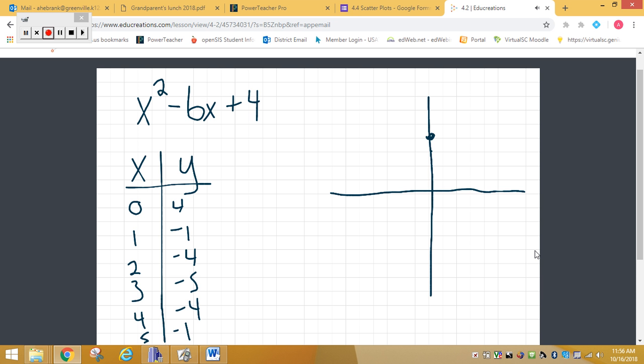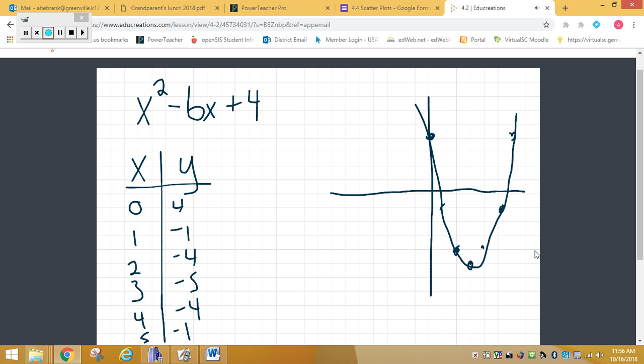So I already got 0, 4, 1, -1 is here, 2, -4 is here, 3, -5 is here, 4, -4, 5, -1. I'm actually going to do one more. The next one is at 6, 4. And I'm going to connect my dots.